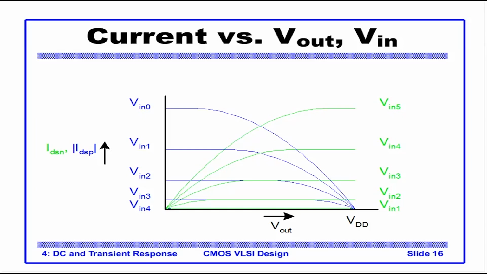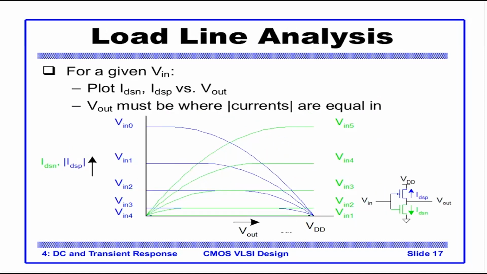Obviously, at any particular input voltage, IDSN should be equal to IDSP. So for a given V in, we plot.